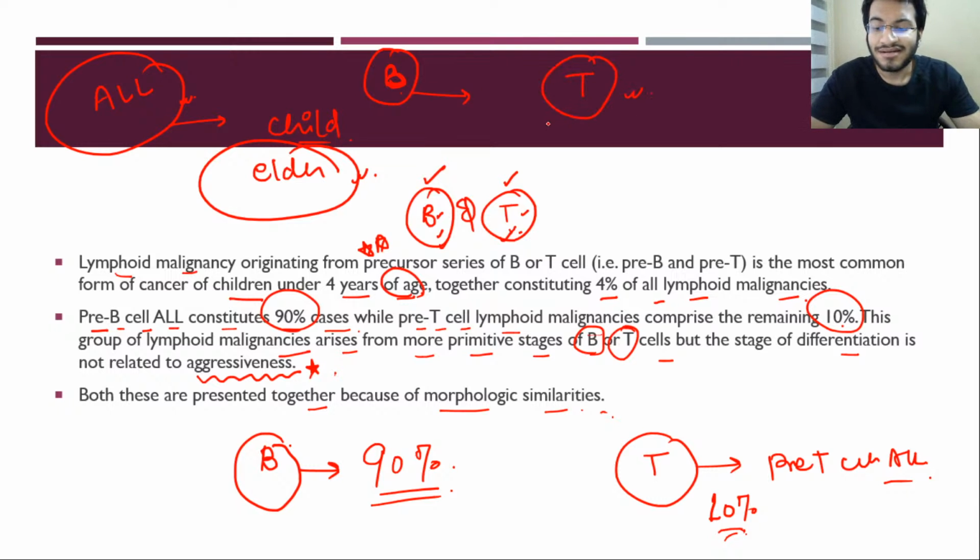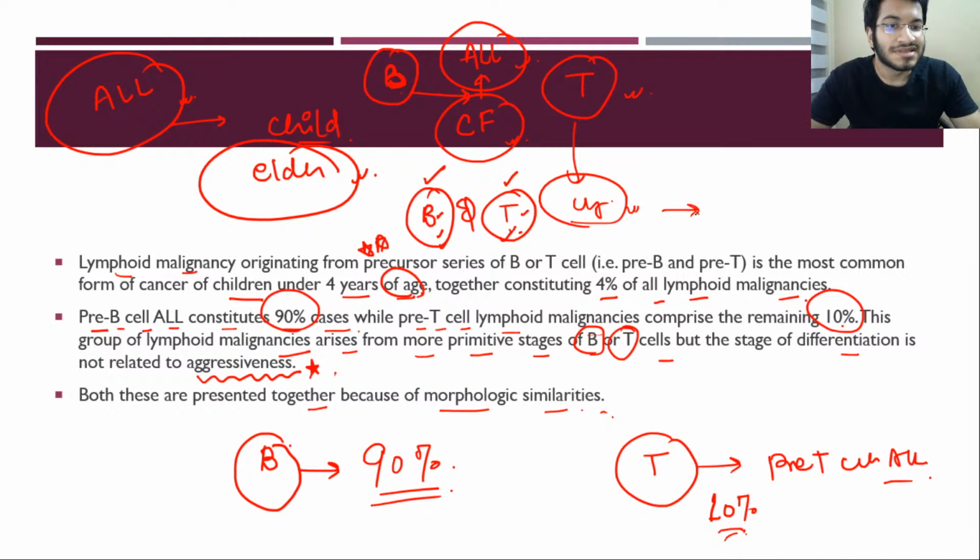But later, as the clinical features are mostly the same, we constituted these two into one group, that is ALL, because these two come under the lymphoid series. The lymphoid series is divided into pre-B cell and pre-T cell.